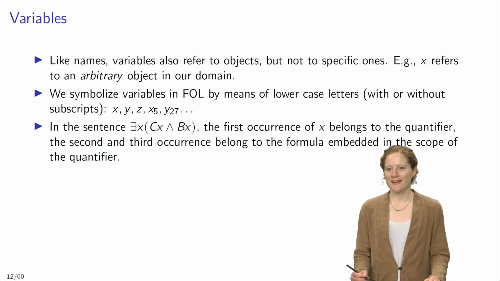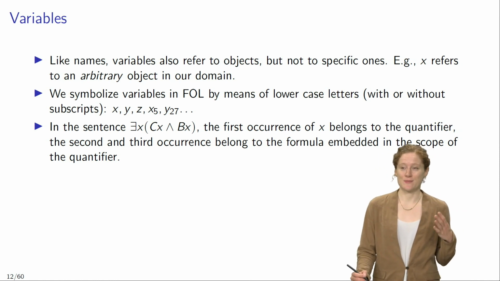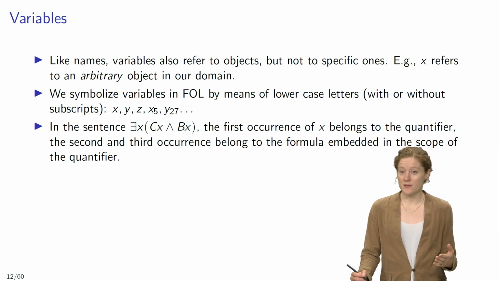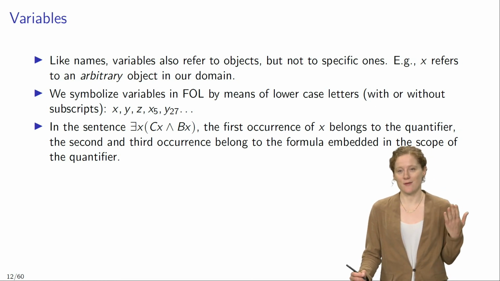Variables are a lot like names. So like names, variables also refer to objects. But unlike names, variables do not refer to specific objects. So for example, the variable x refers to an arbitrary object in our domain.